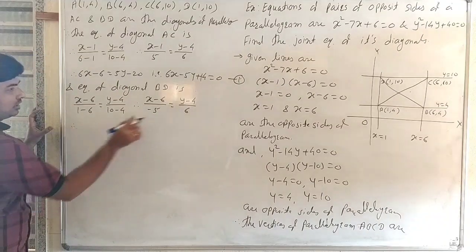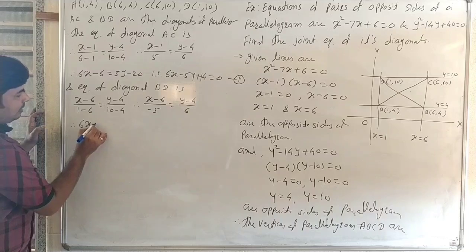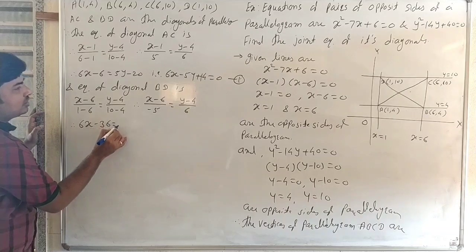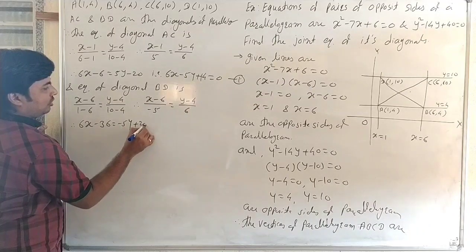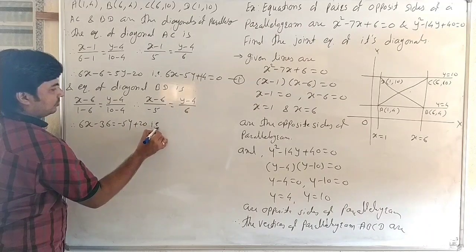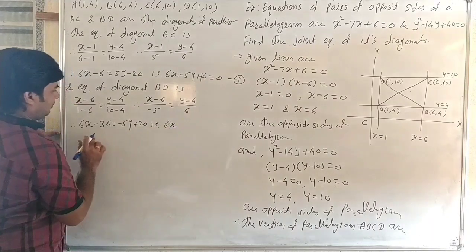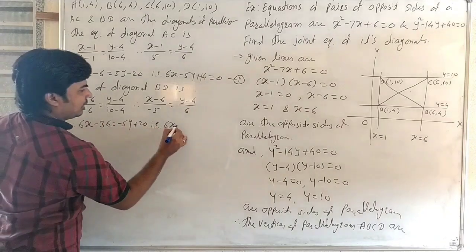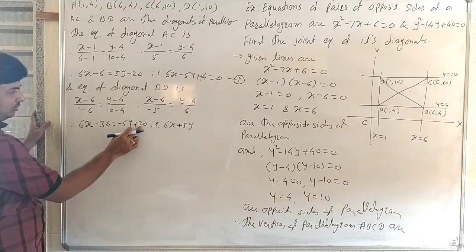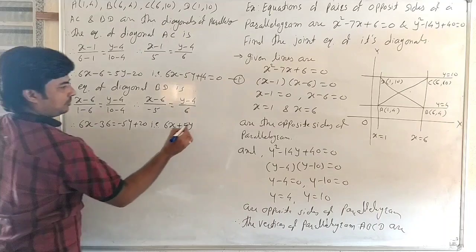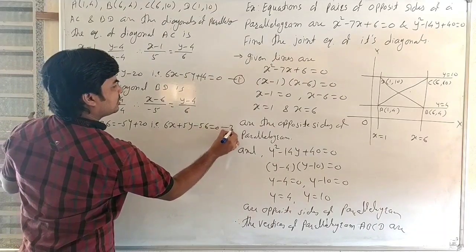Cross multiplication gives 6x minus 36 is equal to minus 5y plus 20, that is 6x plus 5y minus 56 equal to 0. It is equation number 2.